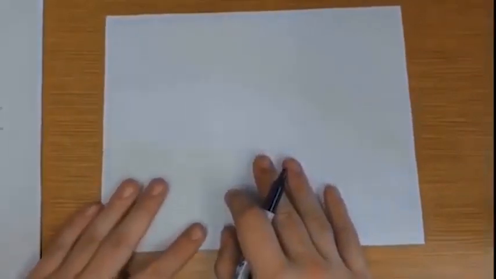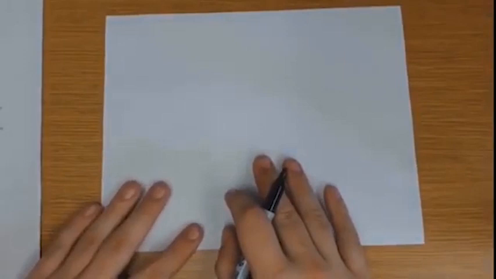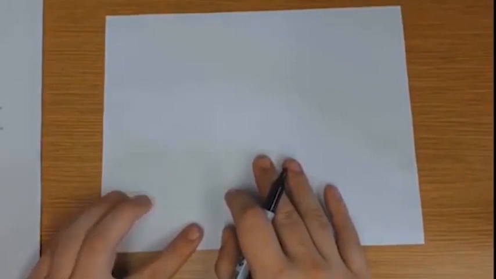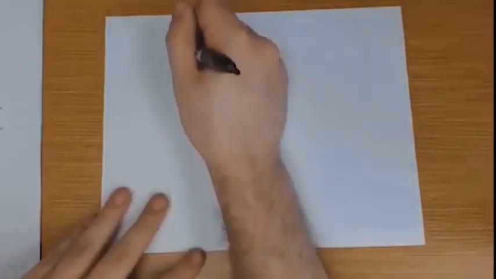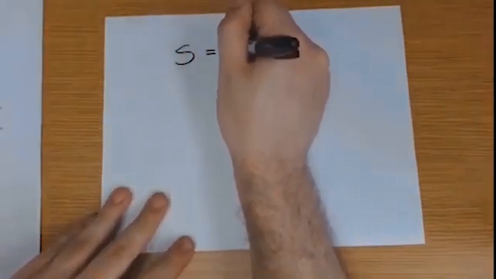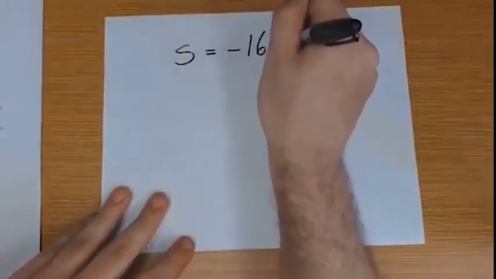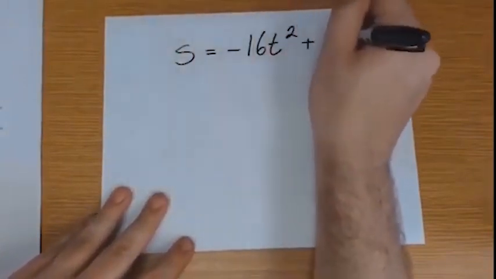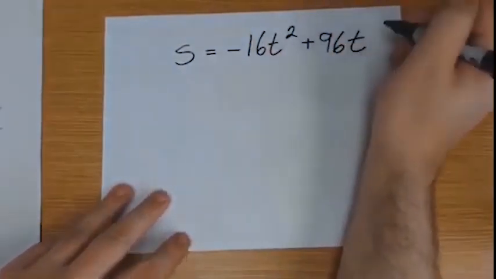If a projectile is launched from ground level with initial velocity of 96 feet per second, its height s in feet, t seconds after launching, is given by the following equation. S equals negative 16t squared plus 96t.